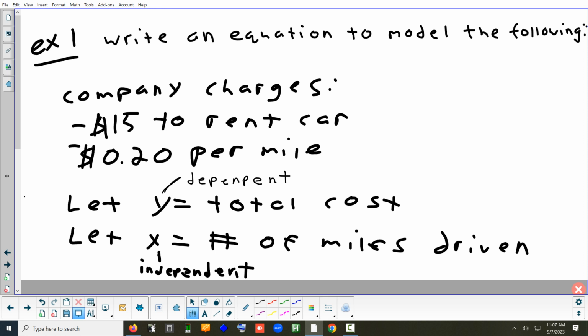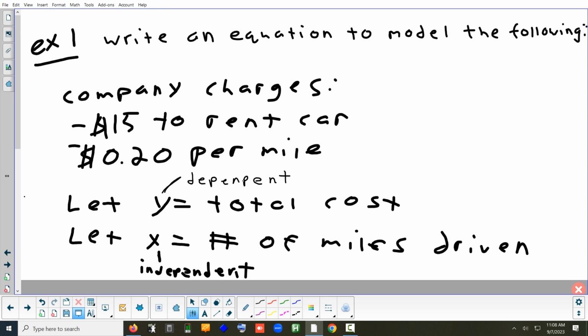The way you can figure out which one is which is you ask yourself, does the cost depend on how many miles you drive, or does how many miles you drive depend on the cost? When you go to pay for the car, it's the first way. The cost depends on how many miles you drove the car. So the cost is dependent on the miles driven.